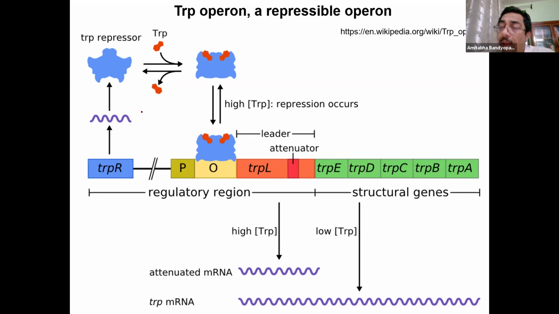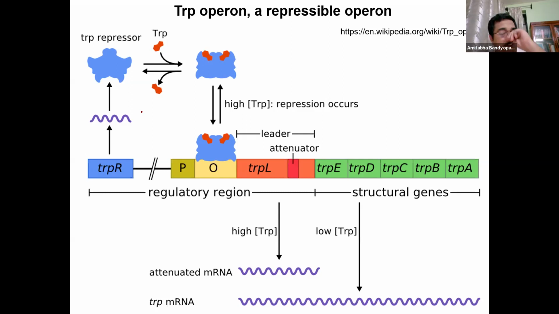There has to be a trigger to stop you from playing video games, like a quiz is coming up. So in this case, the default is transcription of the whole operon and making all the proteins. But if the level of tryptophan is very high inside the cell, then you don't need to make it.